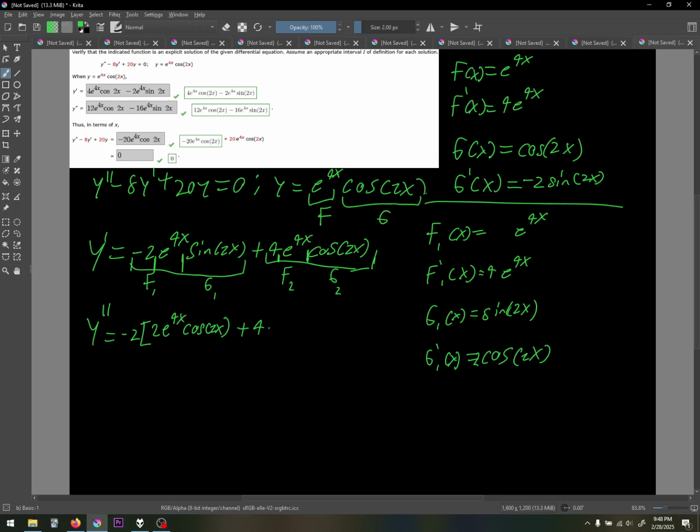Yeah, we can do 4e to the 4x sine of 2x. So then this becomes an 8. This becomes a 4. Is that right where we started?